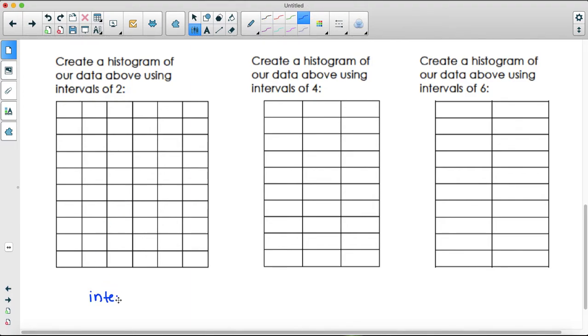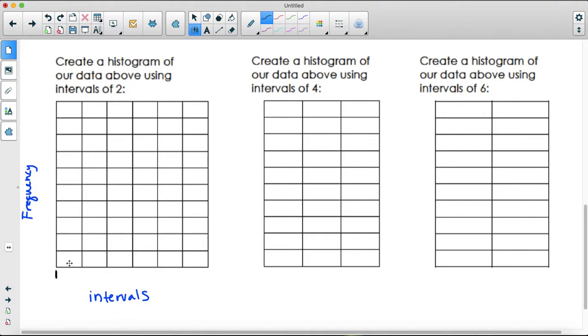So here are our intervals, and we're going to have our frequency on the left. If we're using intervals of 2, our first number should be 1 because our first month is January, not 0. We do not have the value of 0 because that is not a month.